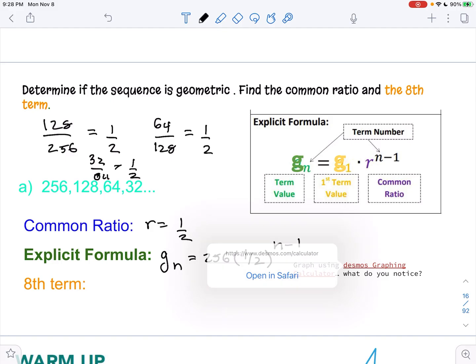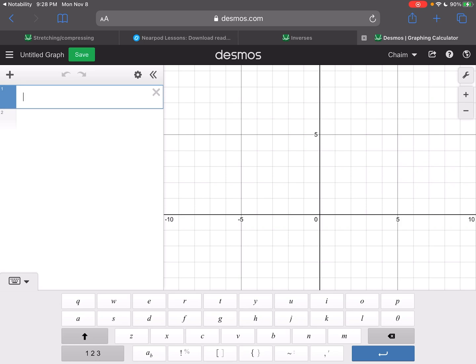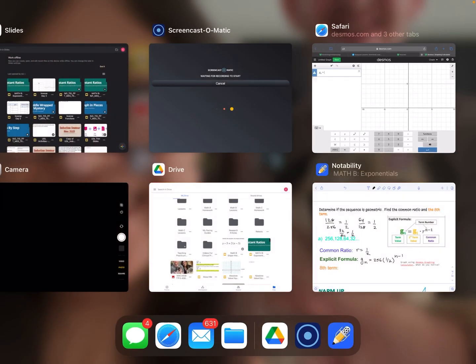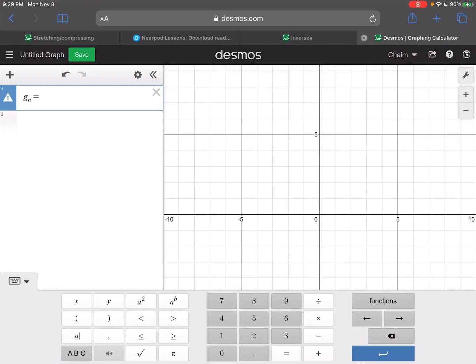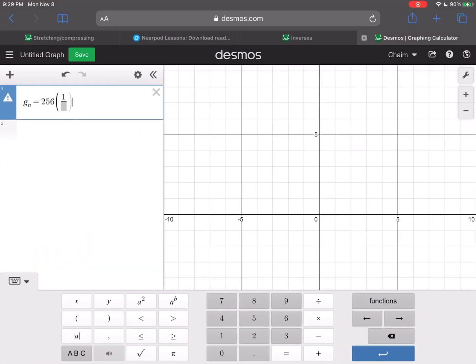So to get the 8th term, you're going to go to Safari, Desmos. You're going to say g subscript n equals, in this case, it wasn't 1, the first term was, I already forgot, 256, parentheses, and then 1 divided by 2, 1/2, was our common ratio.